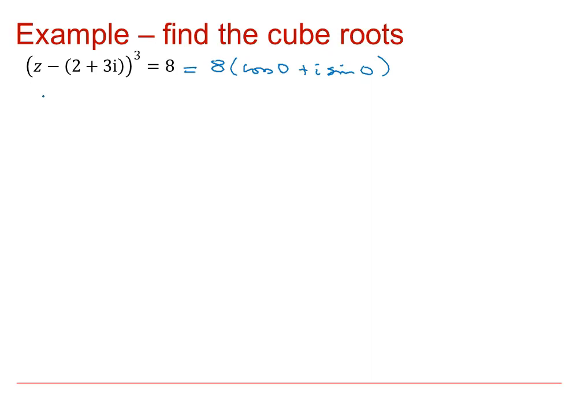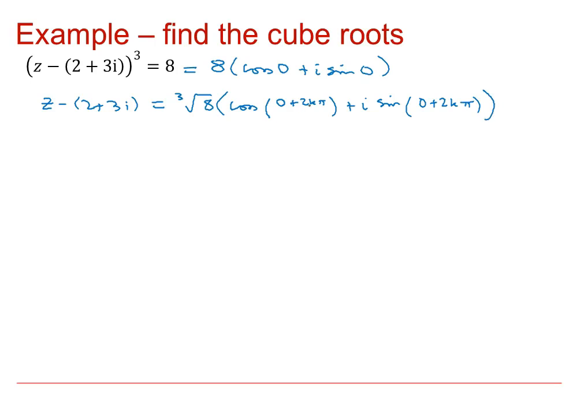So the left hand side, when I take cube roots, simply becomes z minus (2 plus 3i) equals, so we're going to have to cube root the 8, and before we can fully cube root the right hand side we need to make sure that we have generalised this angle as 0 plus a multiple of 2 pi, cos(0 plus 2k pi) plus i sin(0 plus 2k pi). And then when we apply de Moivre's theorem, we will get a third. And this will give us the 3 roots that we are looking for.